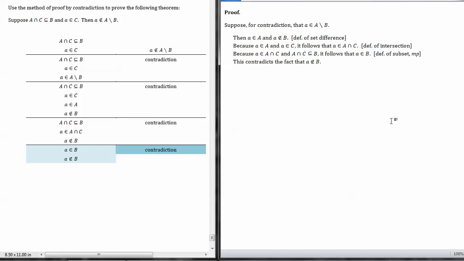And just to close off our proof by contradiction, we should say what we've proven. So therefore, A is not in A minus B. We assumed that it was. We got a contradiction. Therefore, it's not. And as usual, this last statement is optional, so I'll put it in brackets. And we're done.